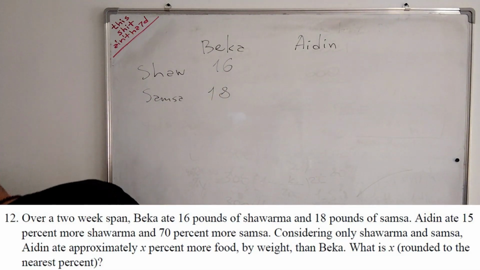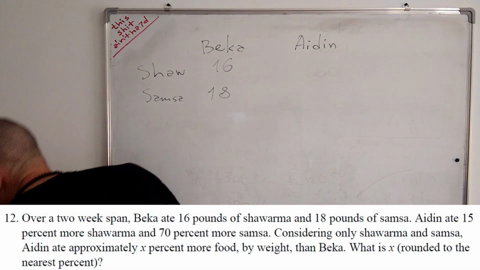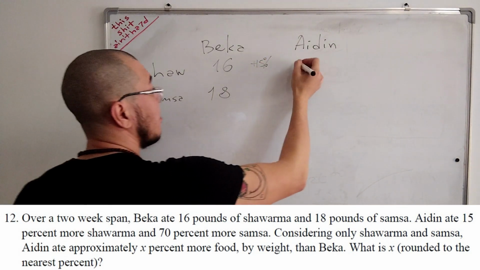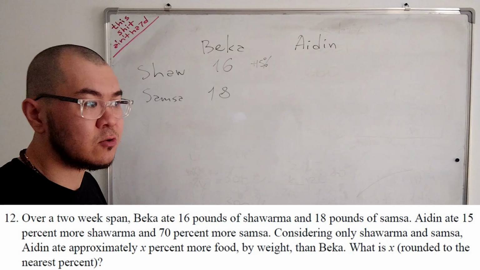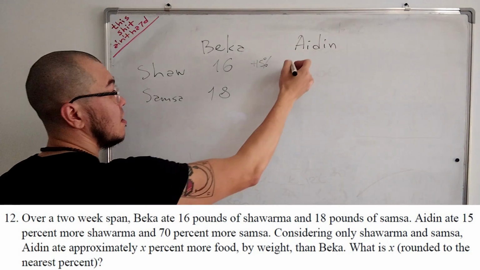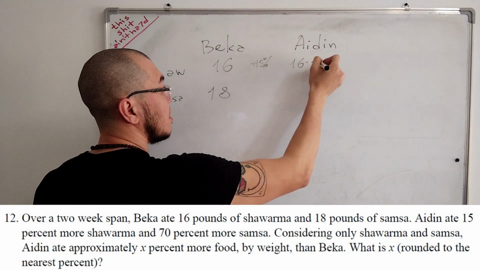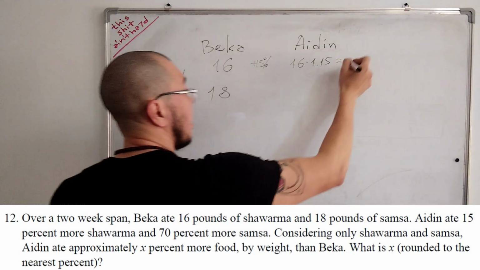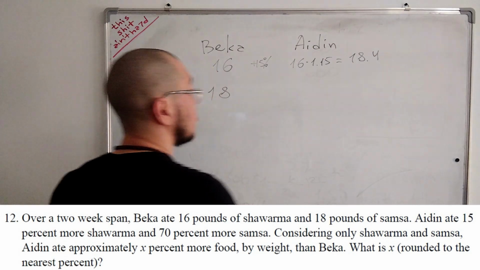Aydin ate 15% more, plus 15%. So how many pounds of shawarma did Aydin eat? 16 multiplied by 1.15 is equal to 18.4 pounds.